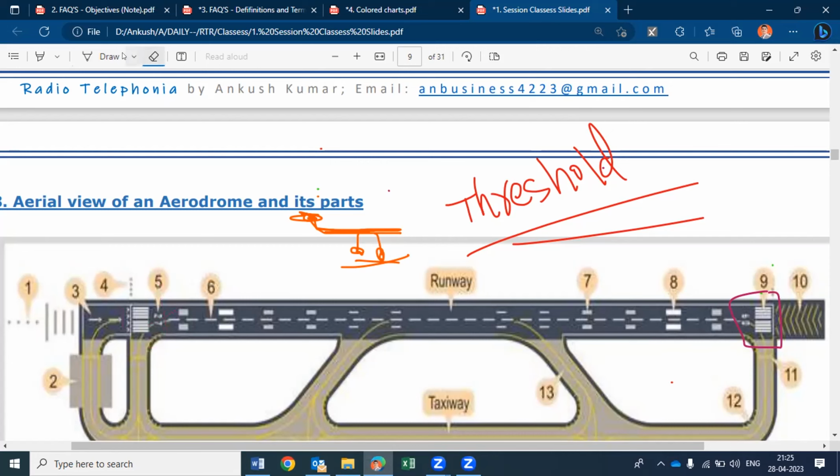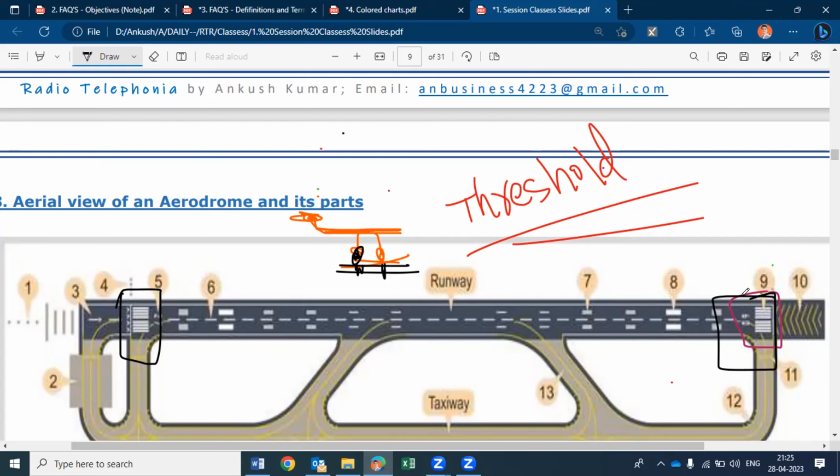Touch means छूना, down नीचे. एयरक्राफ्ट का व्हील जिस पॉइंट पे टच करेगा वो होता है टचडाउन पॉइंट. So this point is commonly known as either runway threshold or touchdown point.